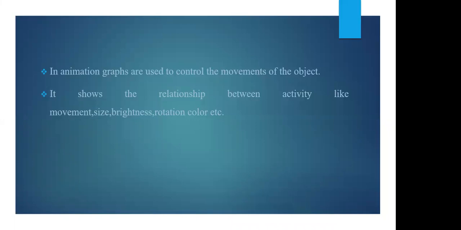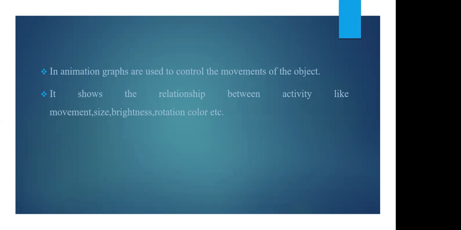These are the movements of the particular object, that is, the man who runs on that platform. So in Subway Surf, this is the animation, and in that animation, the objects' movements are controlled by using these types of graphs. This is the use of function graphs in game programming.